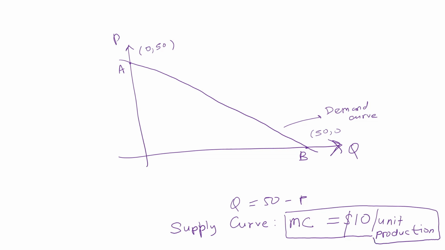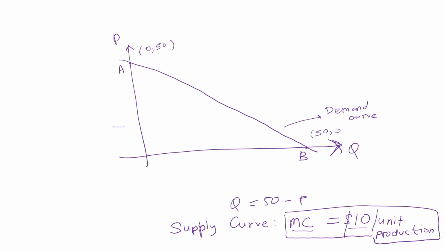Upward sloping, yes ma'am, but the marginal cost is not a function of quantity, right? It will be a constant number, that is 10. So will it be upward sloping or parallel to some axis? Parallel to the x-axis.